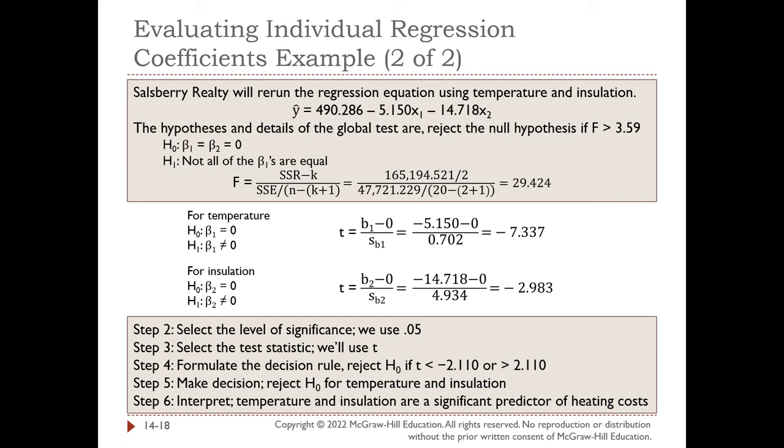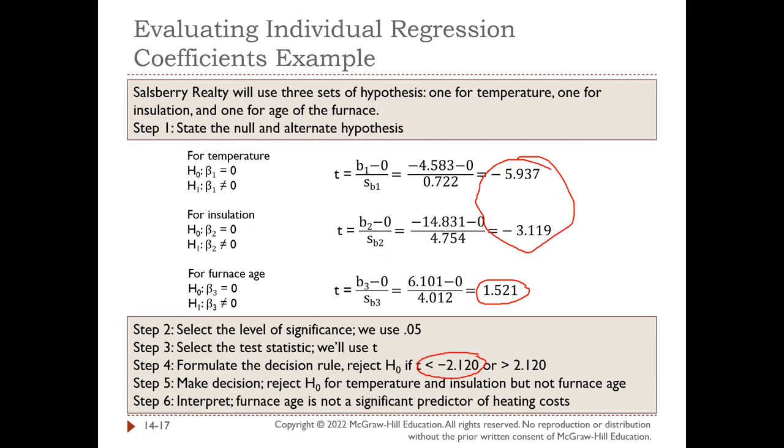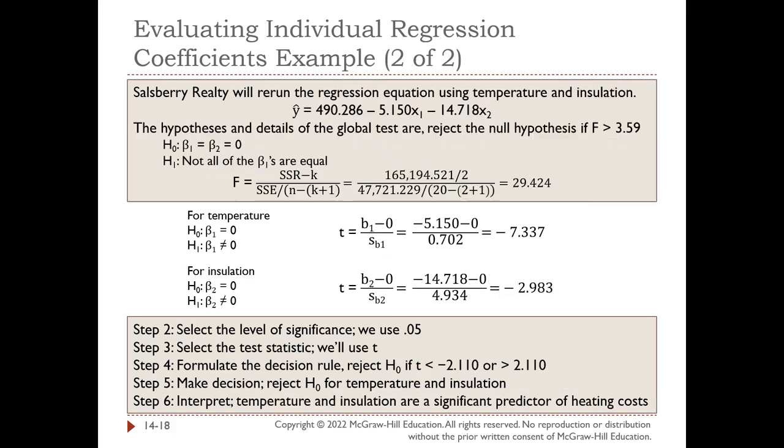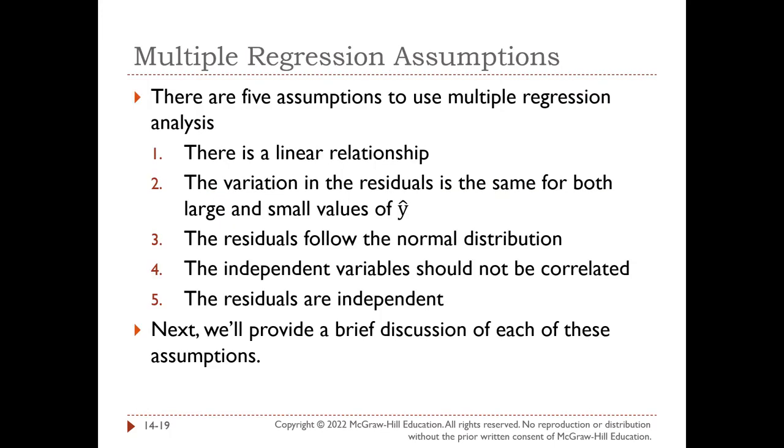So both of them, we interpret, are significant predictors of heating cost. Okay. So yes, as you can see, since one can be eliminated, we eliminated that to try and get even more specific to see what actually helps predict the item that we're looking for. It's what we have in multiple regression.